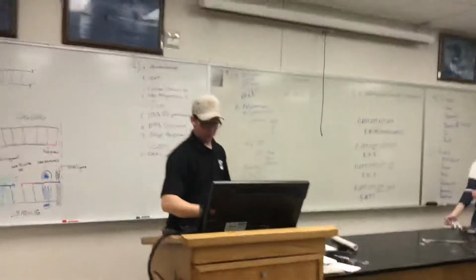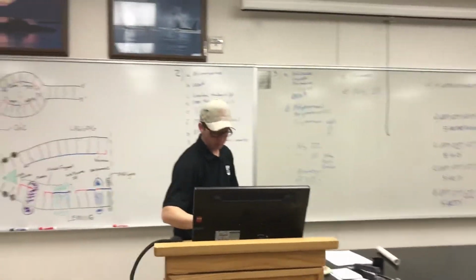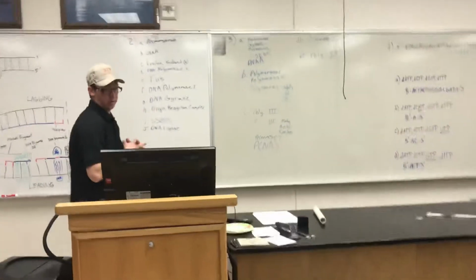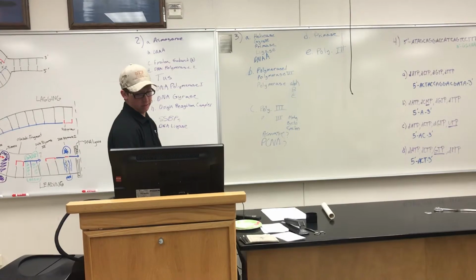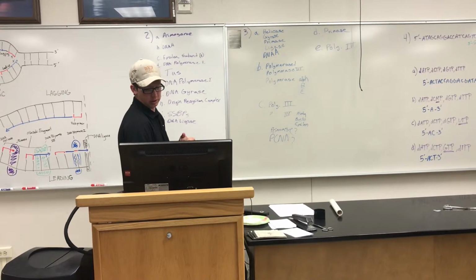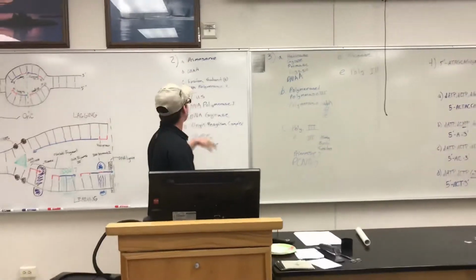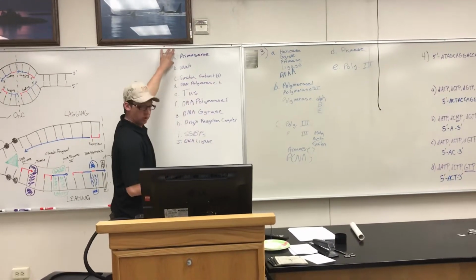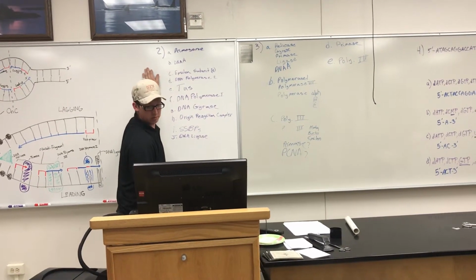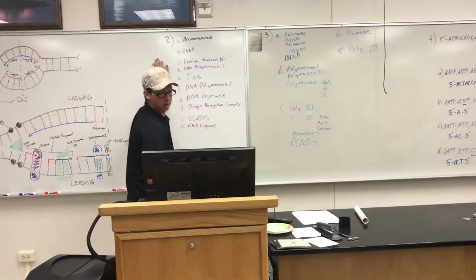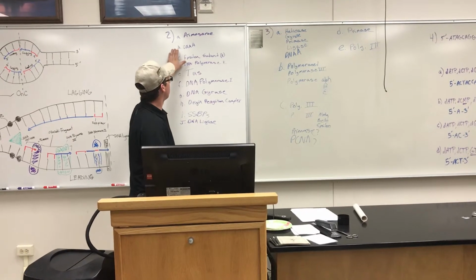All right, so I was in charge of number 2 and number 3. So for 2, it's our definitions. For A, the protein complex that synthesizes primers in eukaryotes, we've got the primosome. For B, the protein that promotes the separation of the AT-rich sequences within the oriC is DnaA.